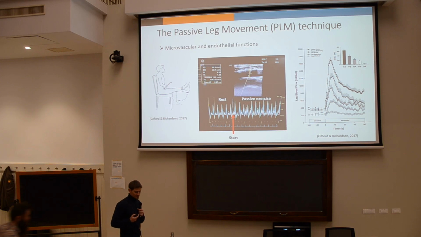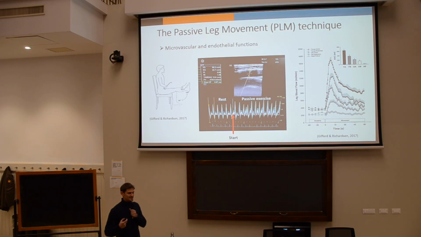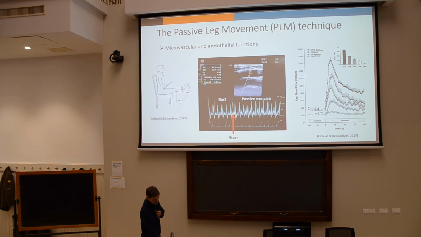Considering the central role of peripheral microvascular dysfunction in the pathogenesis of several chronic diseases, the evaluation of these aspects is of considerable importance.